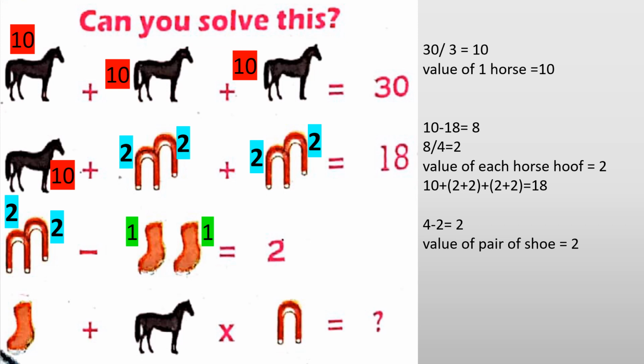And in the last equation, we put the value against each image. For example, the value of a single shoe is 1, the value of a horse is 10, and the value of a single horse hoof is 2.